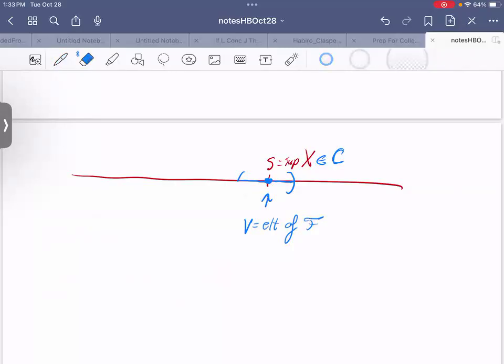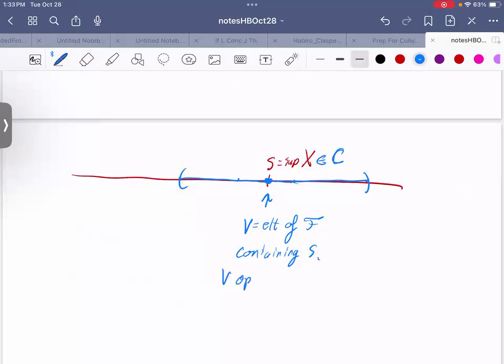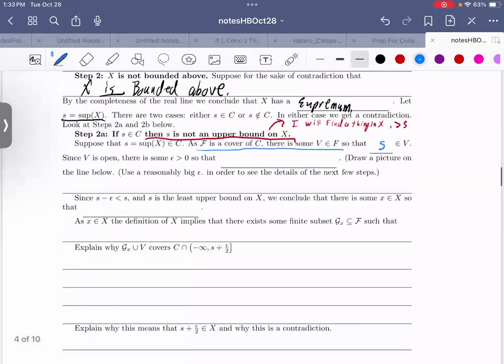Let's make that a little bigger. And I've drawn it like this because I know V is open. So S has to be interior to V. So there's definitely some open interval, the thing that I've just drawn in blue, that contains S and is contained in V. So let's detail that.